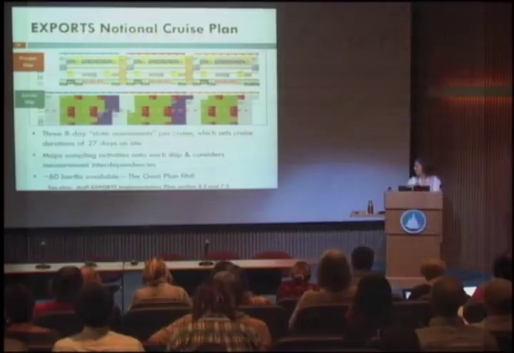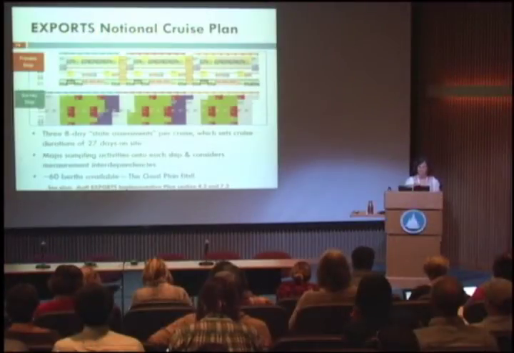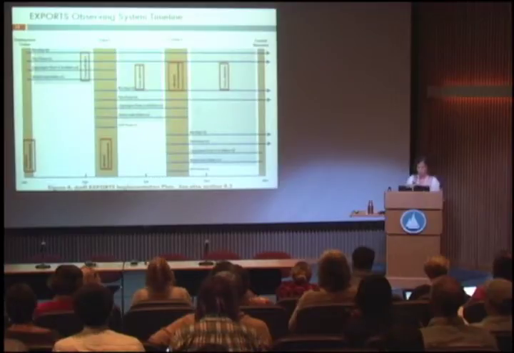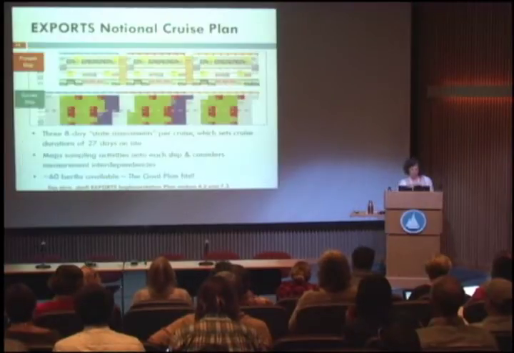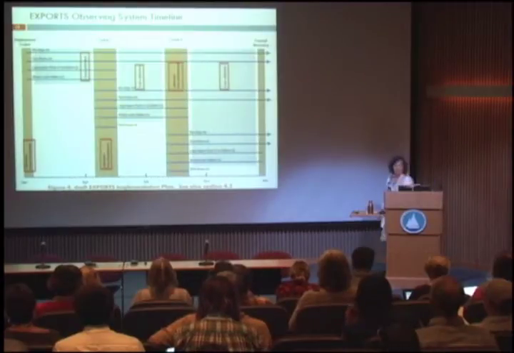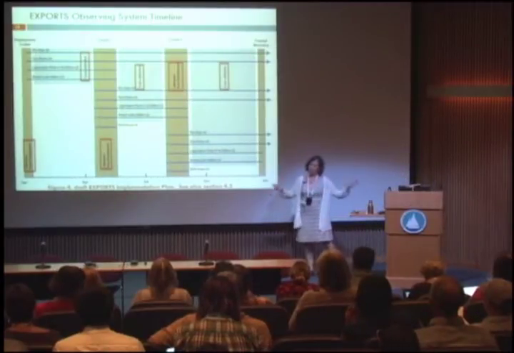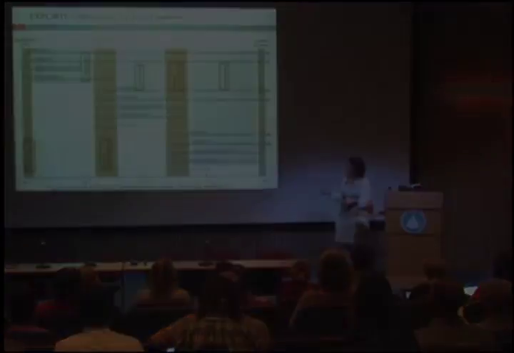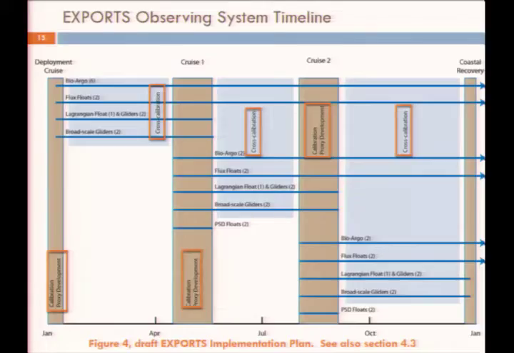There's lots more detail here also in the EXPORTS implementation plan. So I just showed you a couple of timelines for a notional cruise schedule. We can back out. So now we're looking at a notional plan for the autonomous observing system, so including floats and gliders.